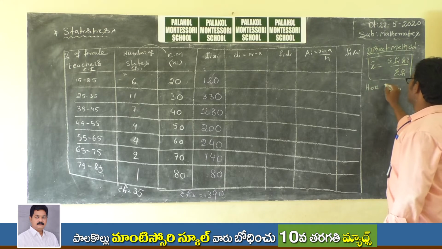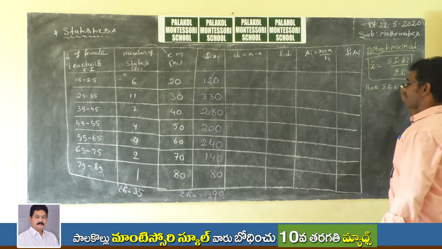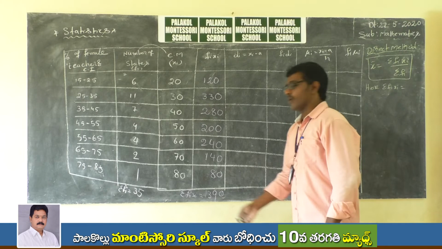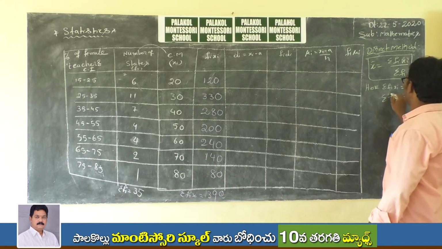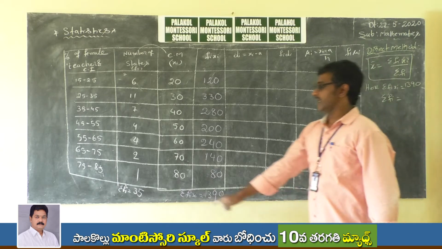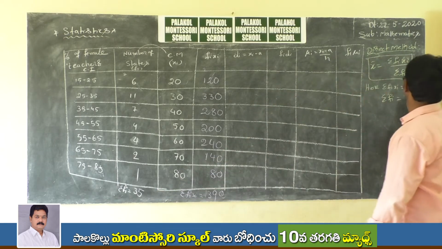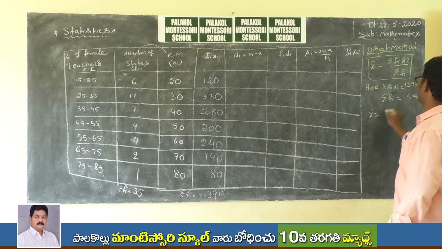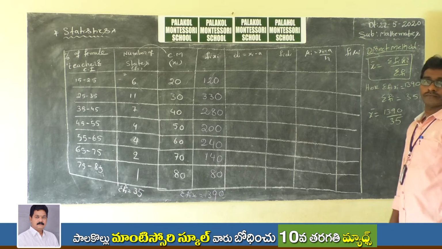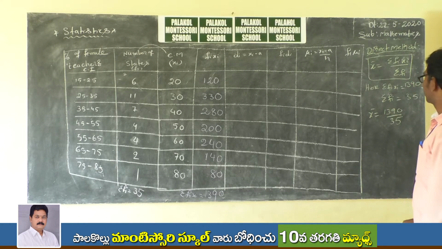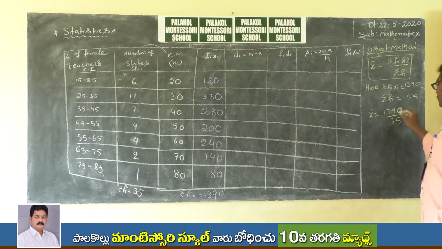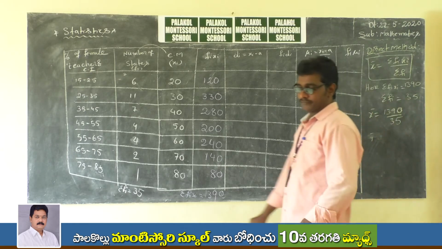Here the sigma fi xi value is 1390. The sigma fi value is 35. So x bar is equal to 1390 by 35. So this one is cancelled, how many times? Just check it. Wait. Next one.